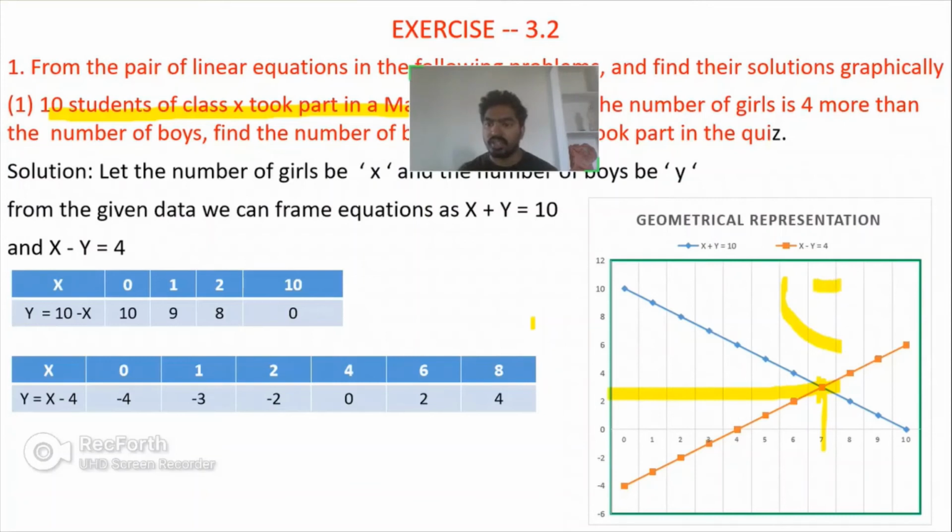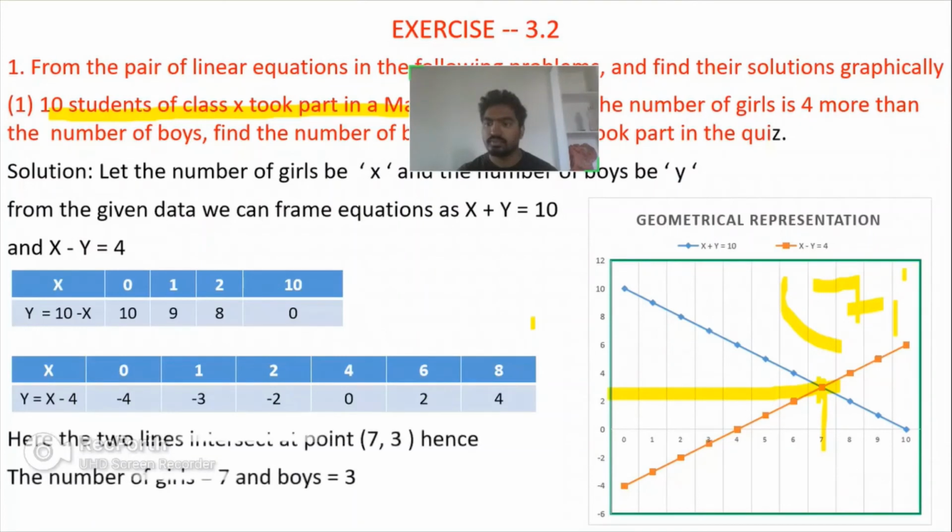So this point is representing (7, 3). We can clearly say that (7, 3) is the intersecting point of both lines. Hence, the number of girls, which is represented by the x coordinate, is 7, and the number of boys, represented by the y coordinate, is 3.